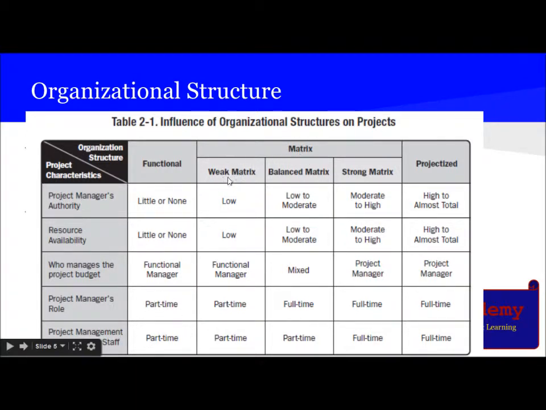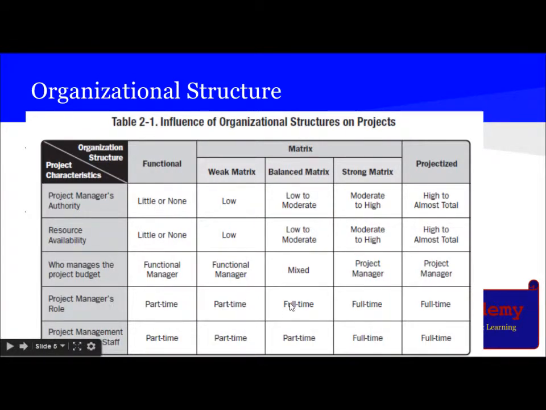In the case of matrix, weak matrix is very similar to functional. The project manager's authority is low, resource availability is low, the project budget manager is the functional manager, and the project manager and their staff are part-time.